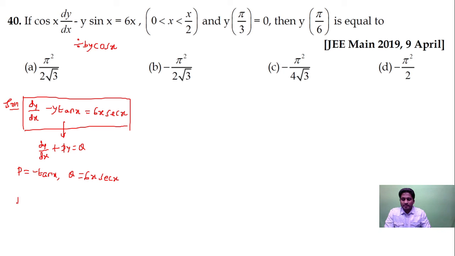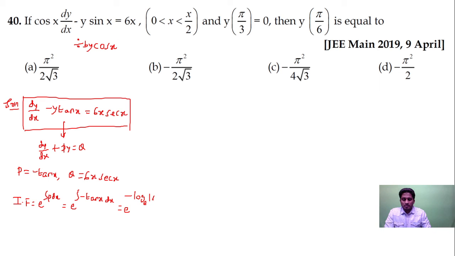Right, now integrating factor is equal to e to the power integral p dx. So this is equal to e to the power integration of minus tan x dx. Integration of tan x is log sec x.